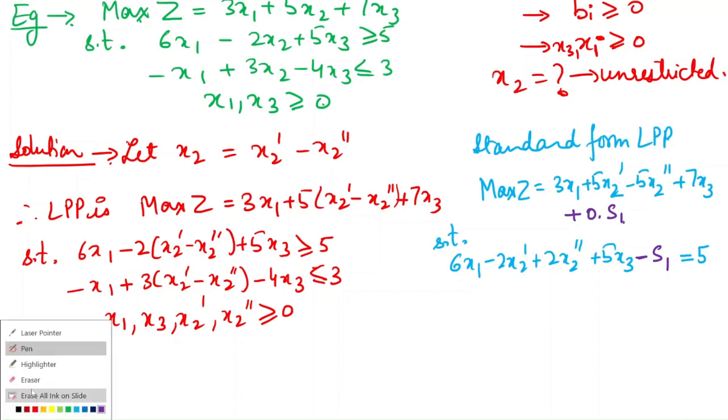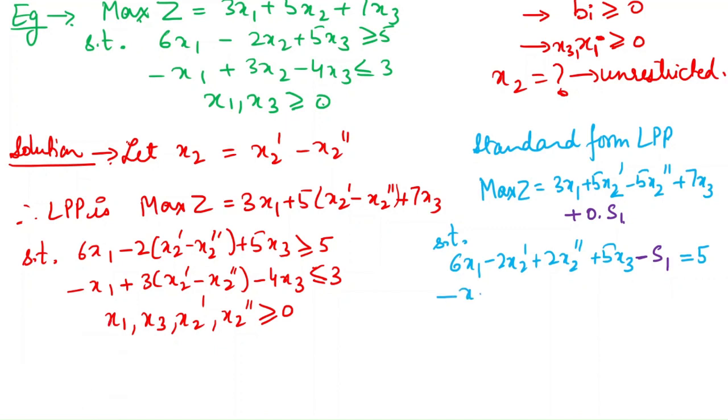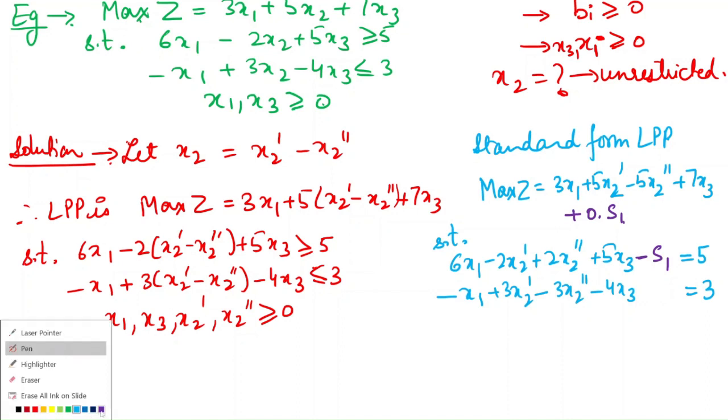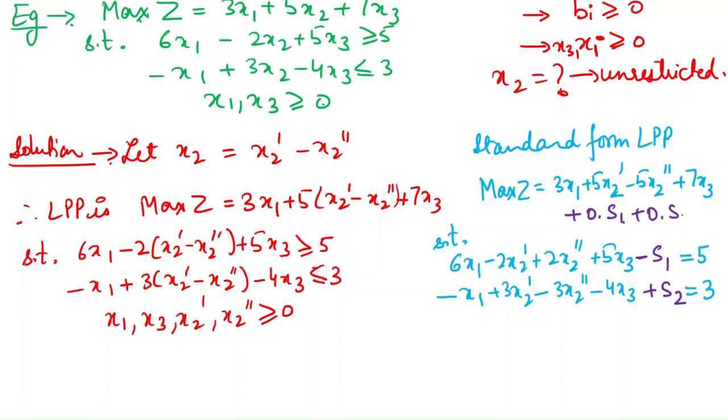Then for the second constraint, minus x1 plus 3x2 dash minus 3x2 double dash minus 4 times x3. Now this is a less than or equal to type, and to make it an equality, I will add a slack variable.